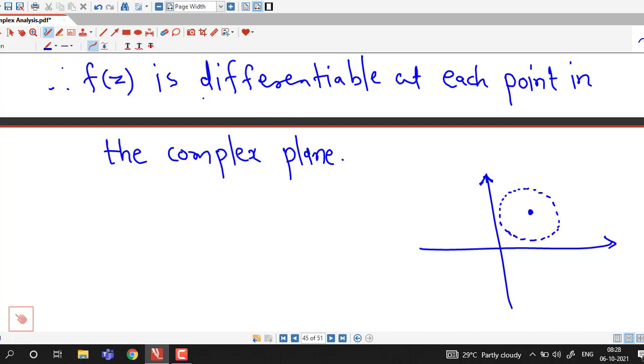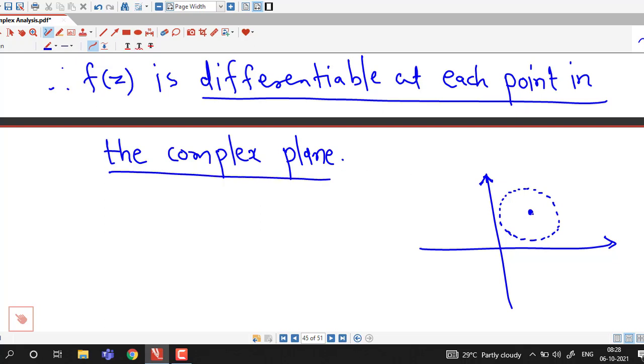Now this function is differentiable at each point in the complex plane. So if I take any neighborhood of this point, the function is going to be differentiable at every point in this neighborhood, and this will be true for every point because our function is differentiable at every point. Therefore the function is differentiable in every neighborhood of every point.